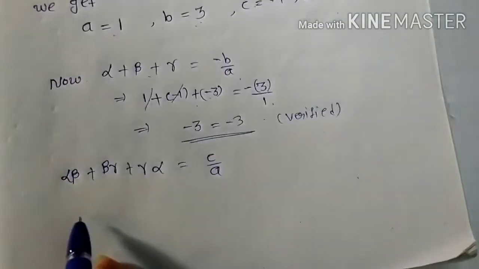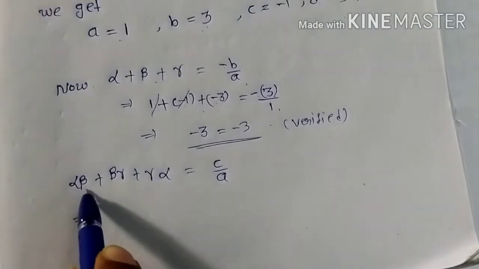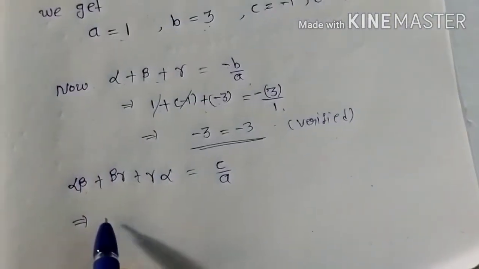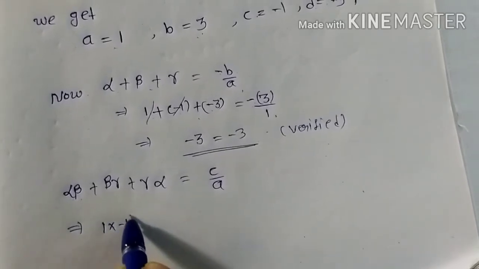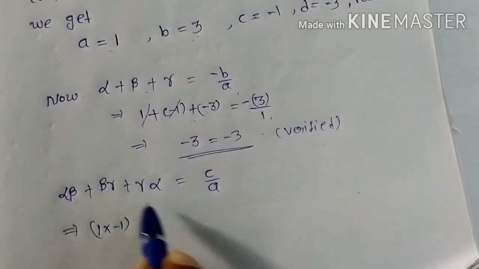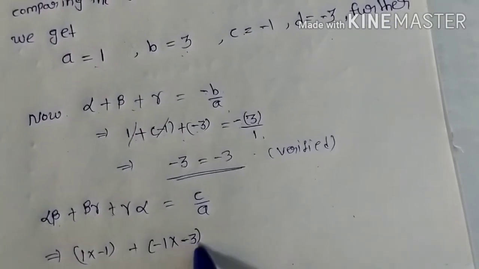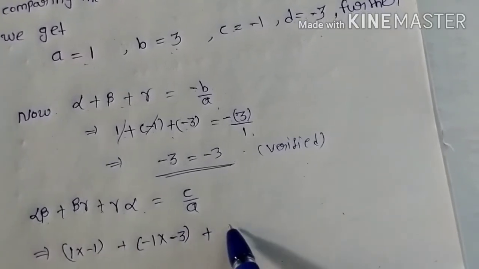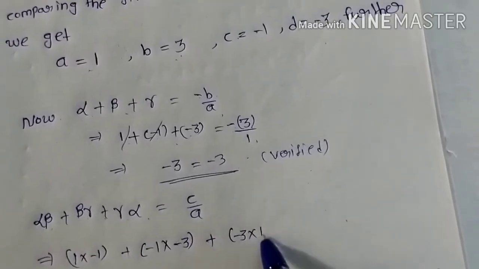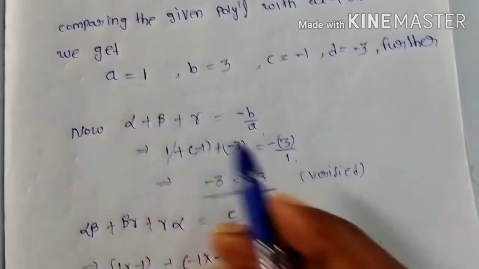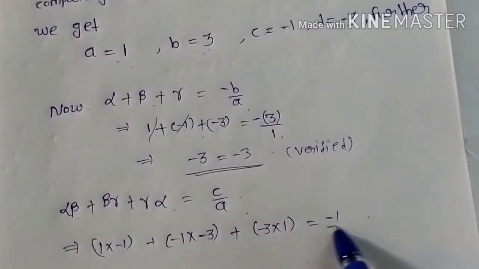C by a means you can see here alpha into beta, 1 into minus 1, plus beta into gamma, that means minus 1 into gamma value minus 3, plus gamma into alpha, minus 3 into 1, is equal to c by a. C is equal to how much? Minus 1. A means 1. That means minus 1 by 1.